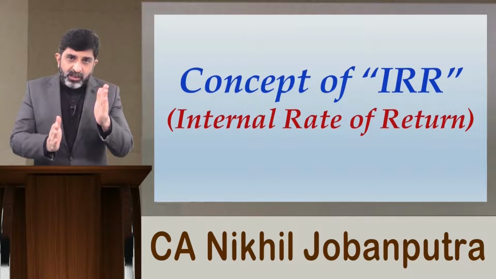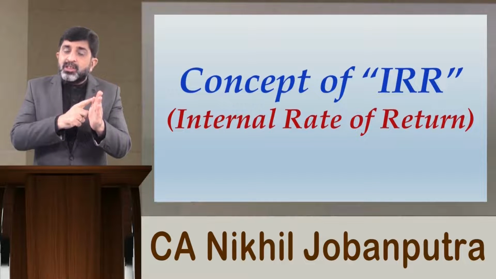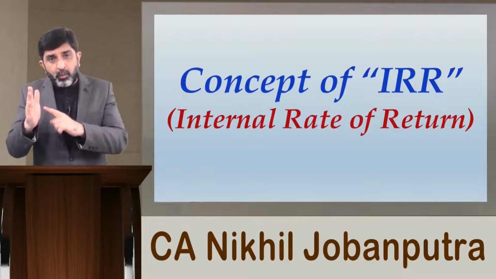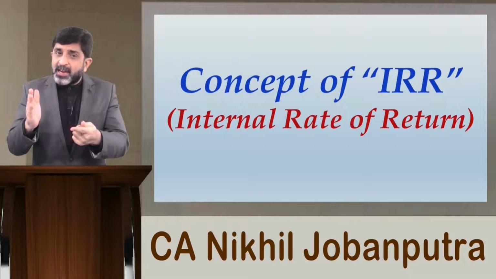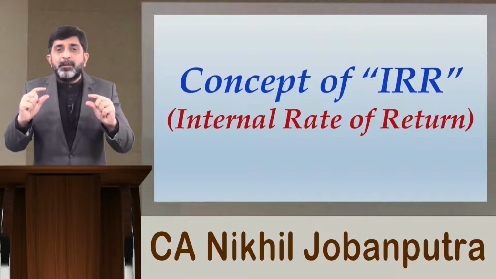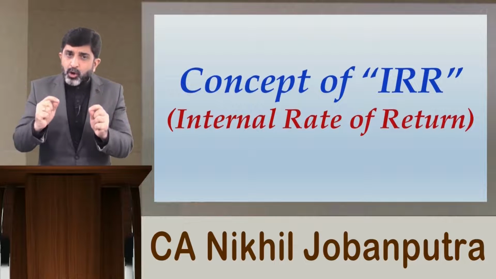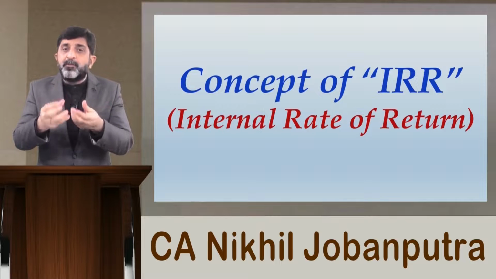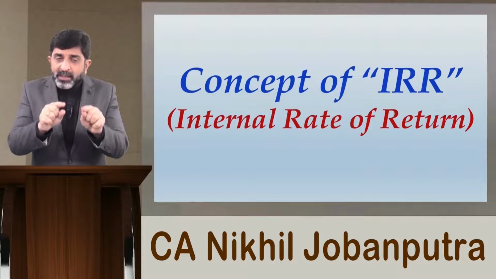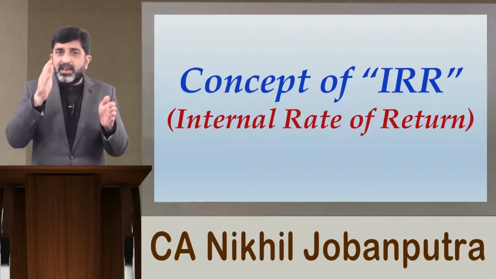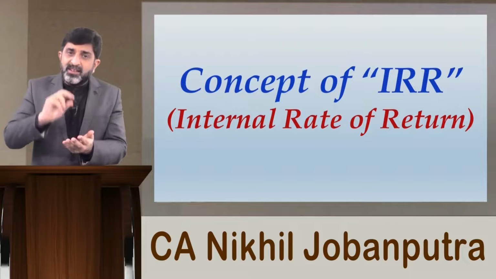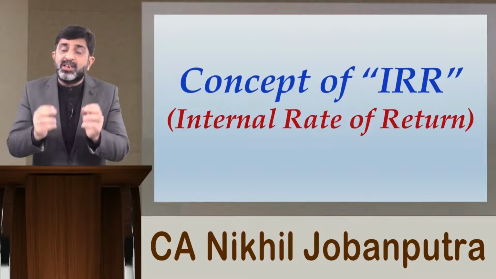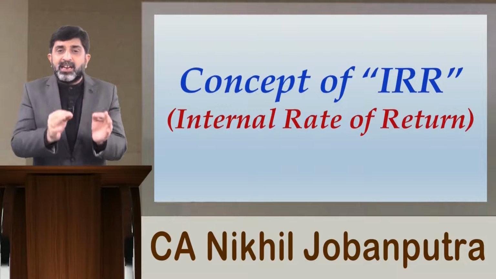The lower discounting rate should be the one at which the resulting NPV is positive. The higher discounting rate should be the one at which the resulting NPV is negative. Then there is a mathematical technique called interpolation, where you average out and find an approximate rate between the two, that is between the lower discounting rate and higher discounting rate, where the resulting NPV could be 0. That is basically an approximation technique, but that is the only technique available.